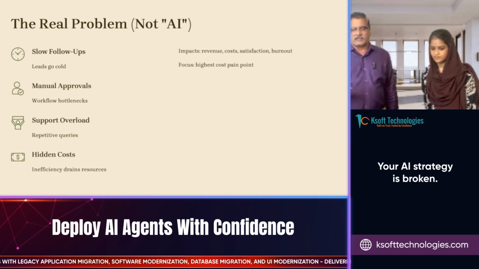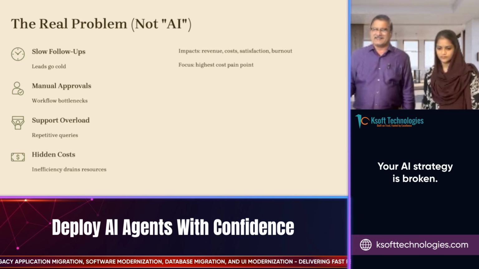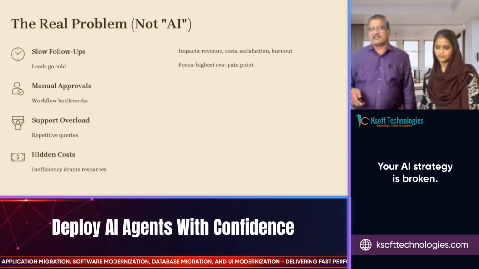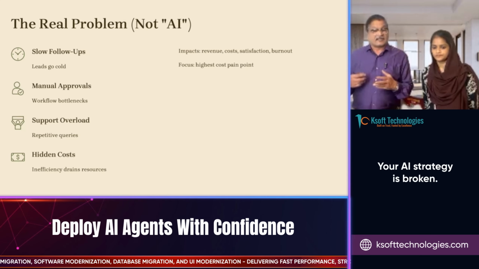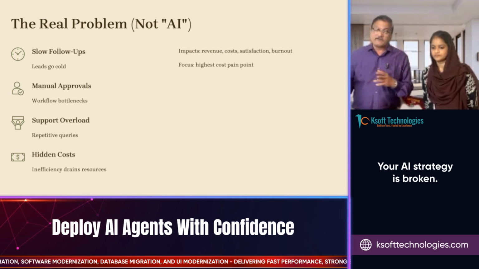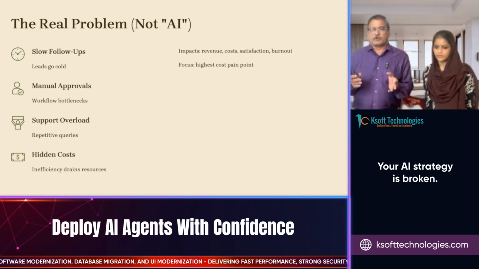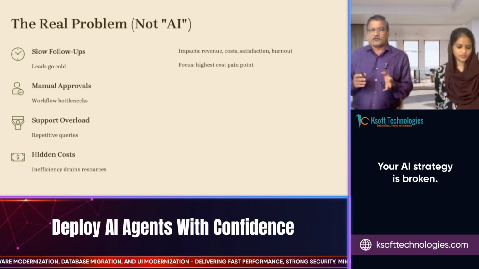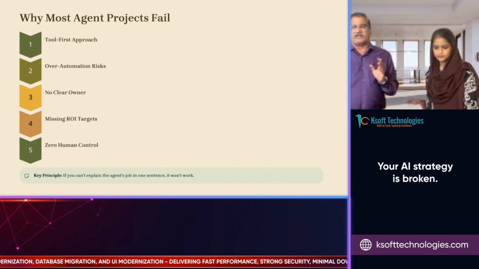If you take $1 a day and convert it to 365 days, it's a bigger amount. Simple as that. So all these things impact your revenue, your cost escalations, the satisfaction of the customers, and finally the burnout of the employees that you have. So these are the biggest pain points. And now we need to focus on the highest cost pain point that you have.